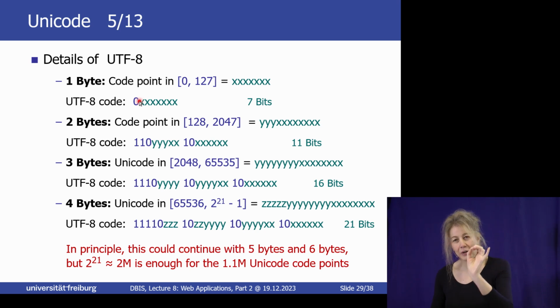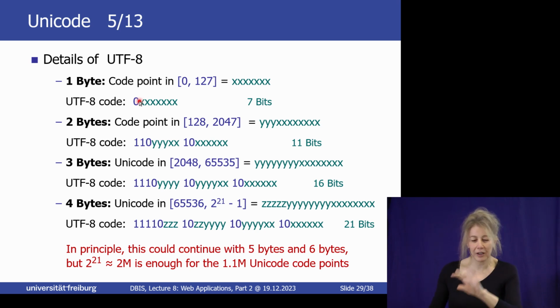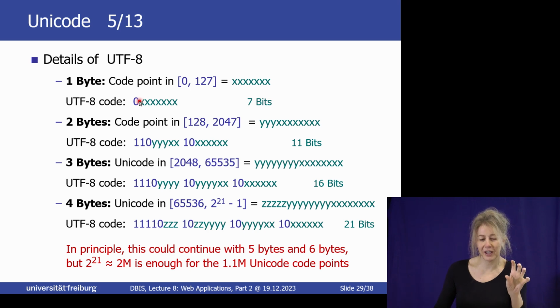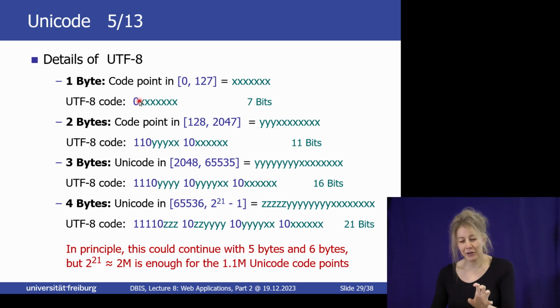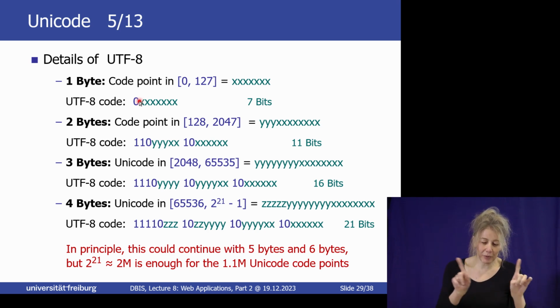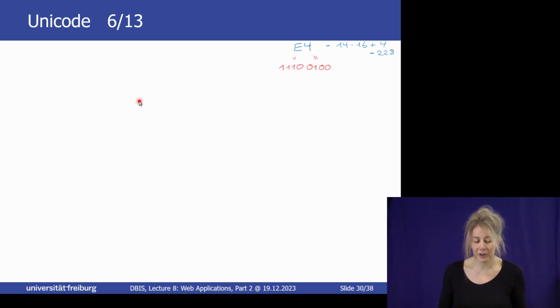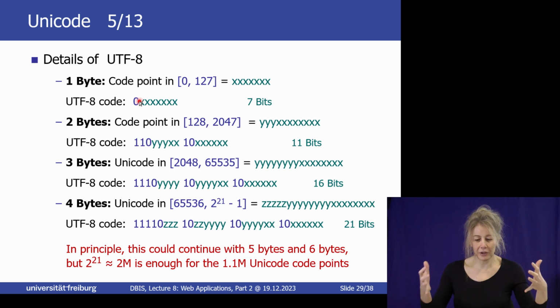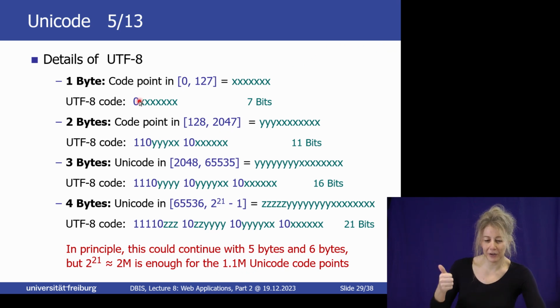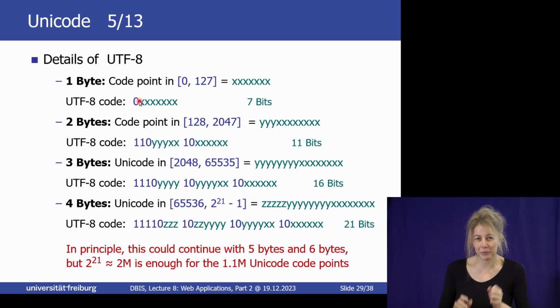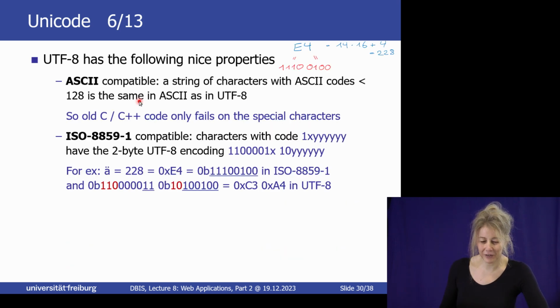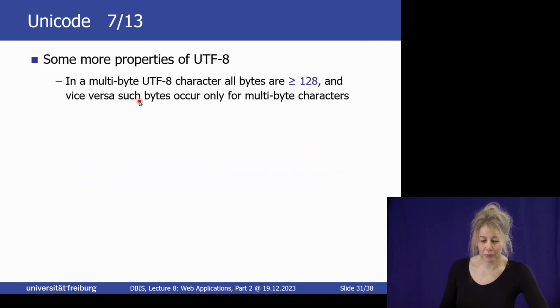So just by looking at 1 byte, you know exactly whether you are at the beginning of a UTF-8 multi-byte character or in the middle, and then by going a little bit to the left or right, you can continue parsing. And it's always a full integer number of bytes. It's not that parts of bytes encode characters or funny things like this.